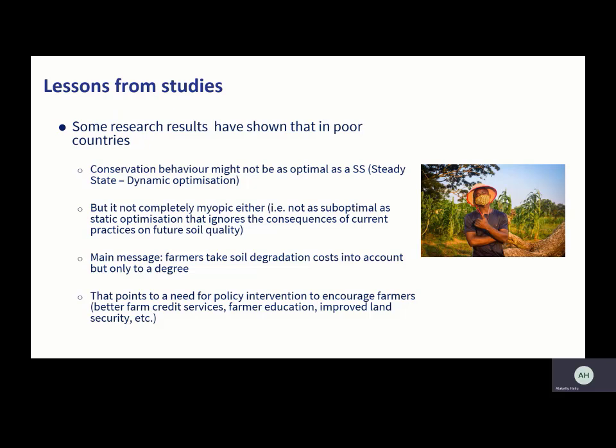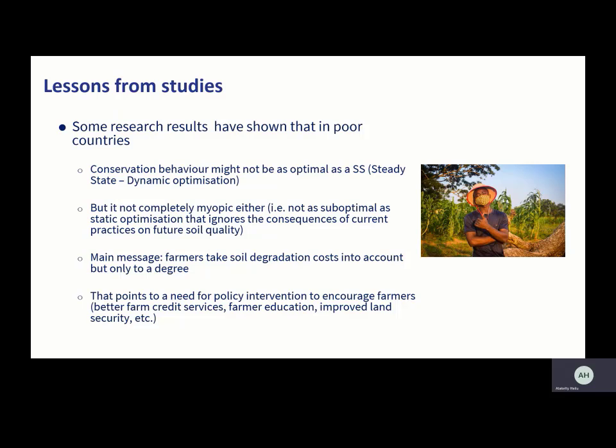If you look at what would be best in terms of social outcomes, you could do a better job if you manage the soil in a way that reflects the consequences of all the current management practices. Then you could say there is room for policy intervention. Farmers are not managing things optimally, so governments could try to alter their behavior so the management outcomes are socially beneficial.